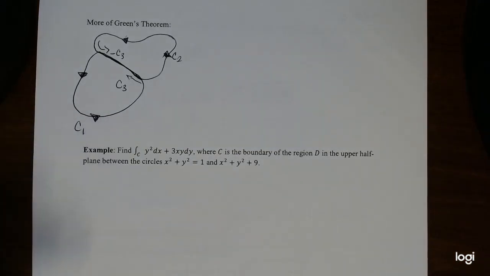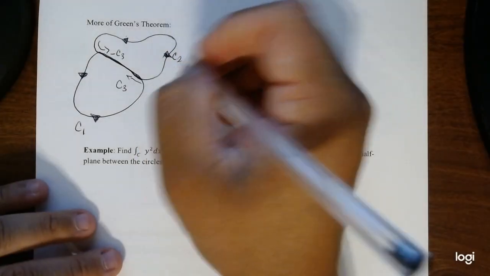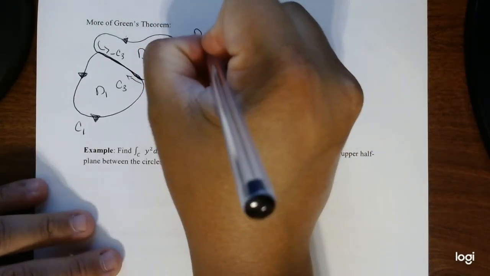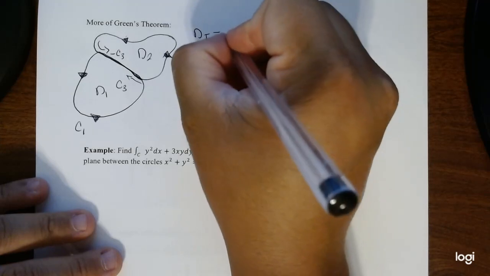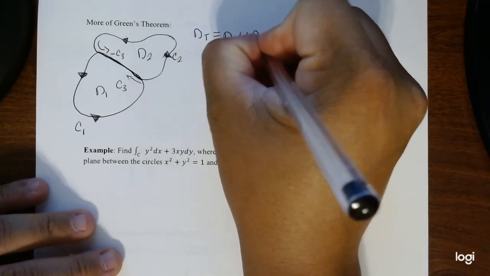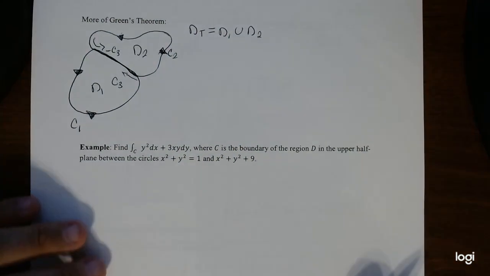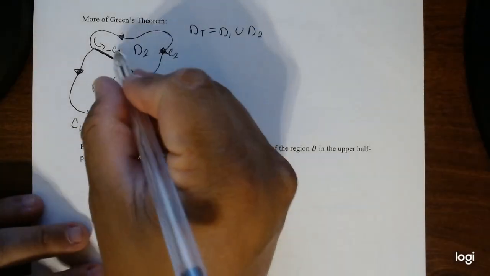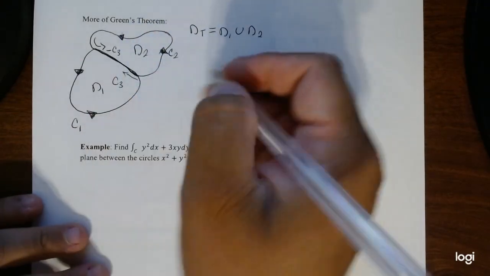Now the cool thing about Green's theorem is we could put both of them together. In other words, the entire region, let's say this is the D1 region and D2 region. If I want the entire region, or D total, it's just a union of D1 and D2, which makes sense, right? That's just 2 regions put together. Because these are opposites of each other, they'll literally cancel each other out.